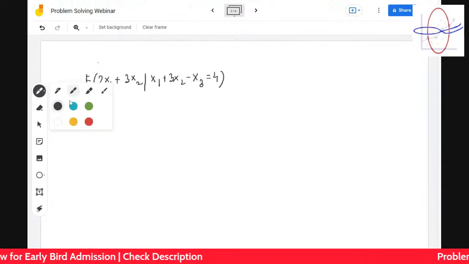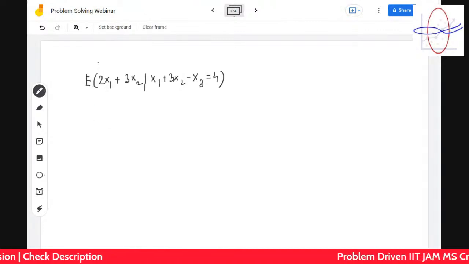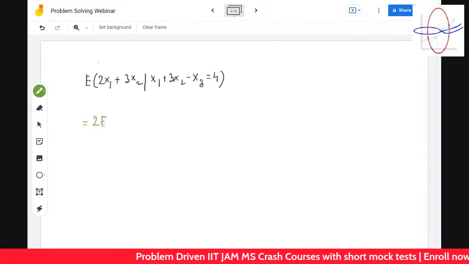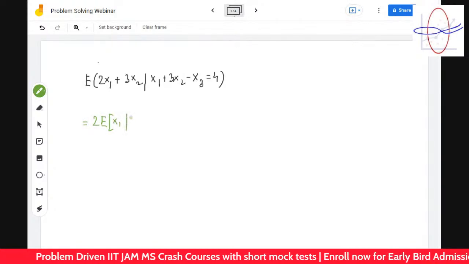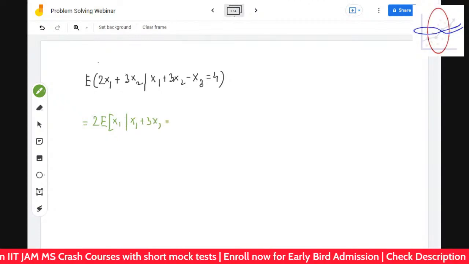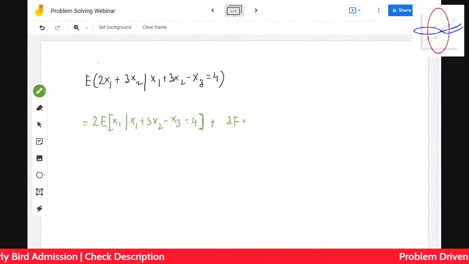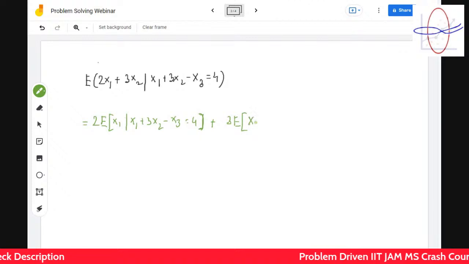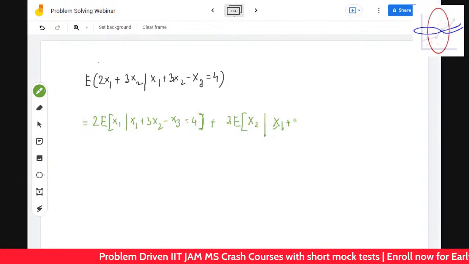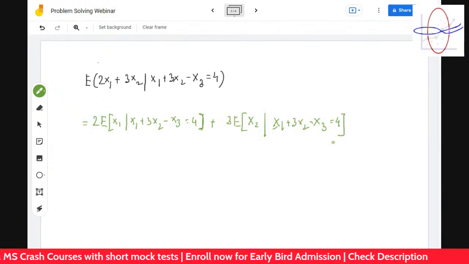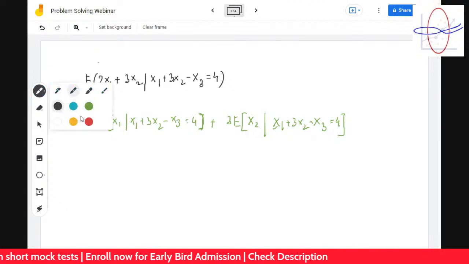Madhav is telling that by the additive, linear property of expectation, we can write it as twice the expectation of x1 given x1 plus thrice x2 minus x3 is equal to 4, plus thrice the expectation of x2 given the same, this is what you're talking about, right? Yes, sir. So then what, Madhav? What ideas do you have after this?